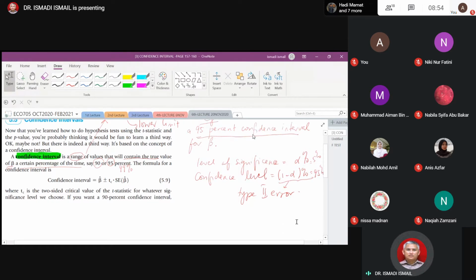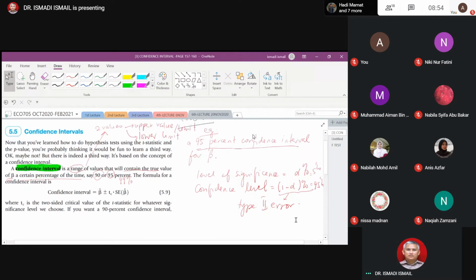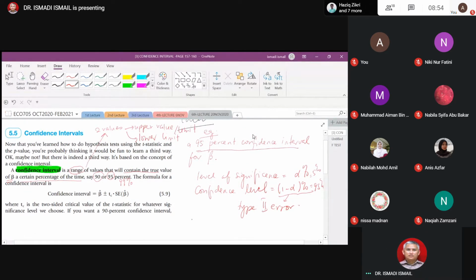The example here: if you are given that 0.5 is less than the true coefficient, which is less than 0.7, with 95% confidence interval.